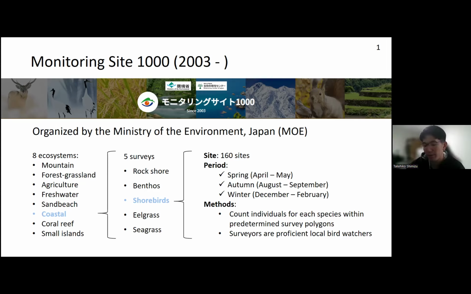Even before 2003, there were several monitoring researches, but from 2003, national survey systems were established and comprehensively managed. Monitoring Site 1000 conducts periodic surveys in 8 ecosystems, and among them, coastal is further classified into 5 surveys, and shorebird is one of them.